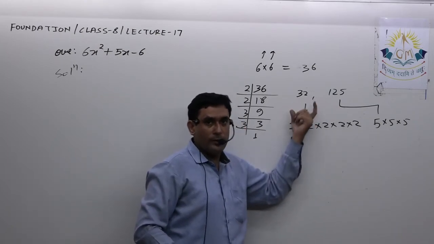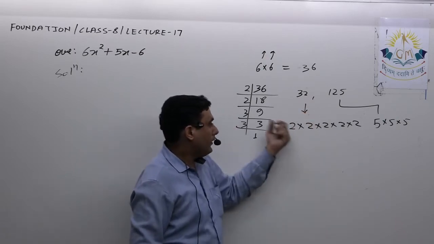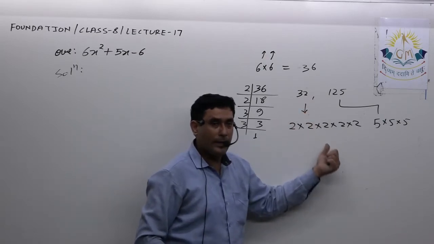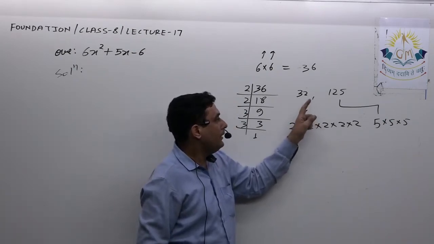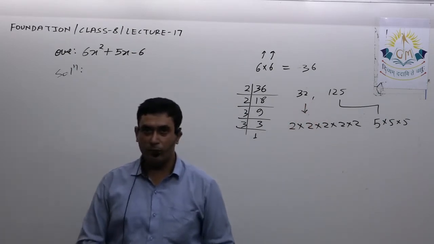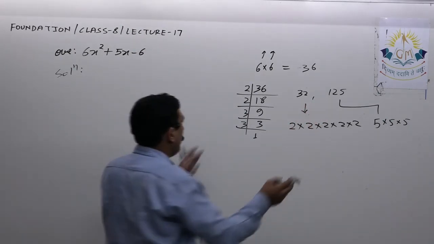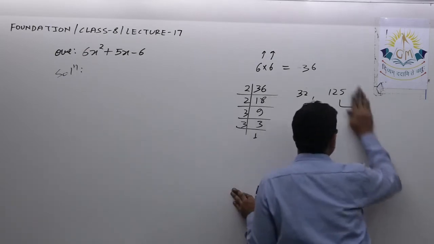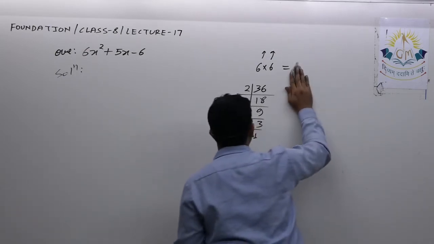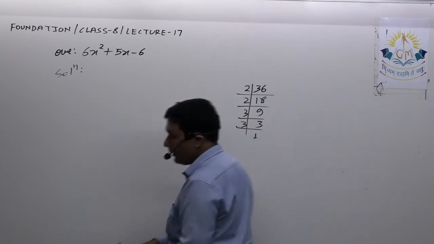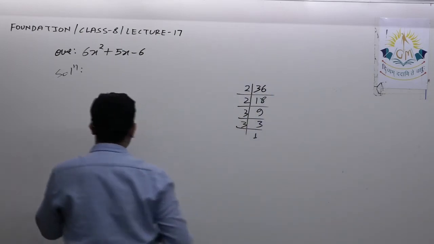Definitely it will be smaller than the product. Okay, so first you will save time in multiplying, then again you will save time in finding the factors. So from the next question onward, I won't multiply a and c, I will find the factors of a and c separately. Okay, now we come to this question.